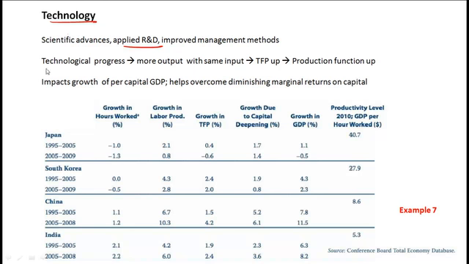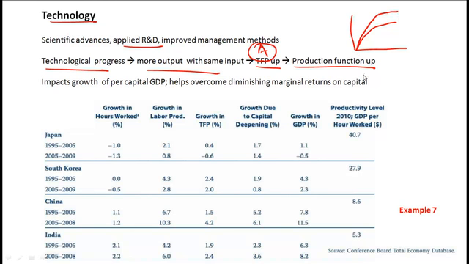When we have technological progress, essentially what we are able to do is produce more output with the same level of input. And when we do that, our total factor productivity, the A, goes up. When A goes up, that means our production function goes up. So as we saw earlier, if we have this production function with better technology, the production function shifts up.